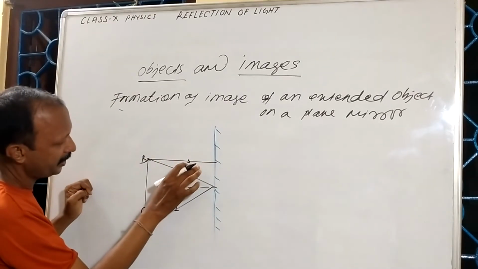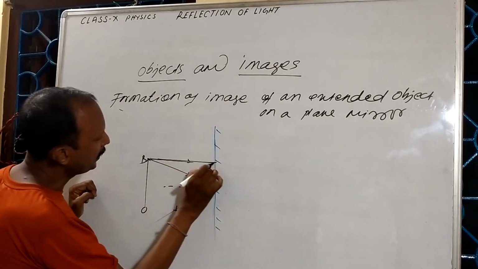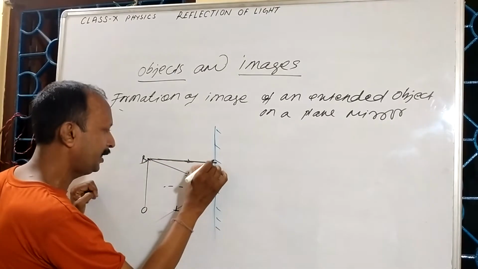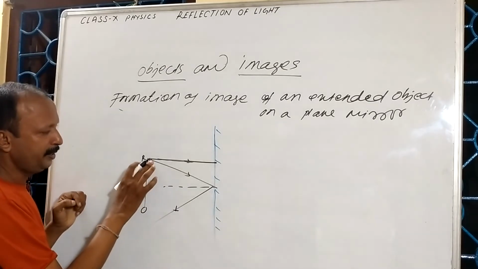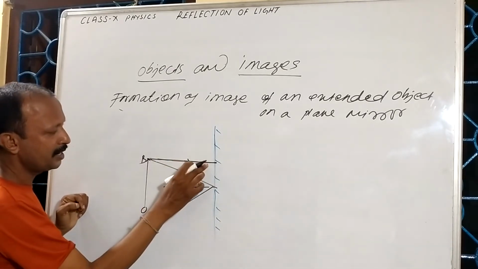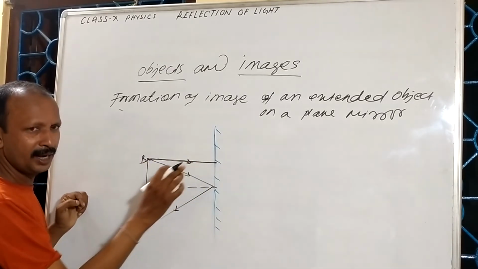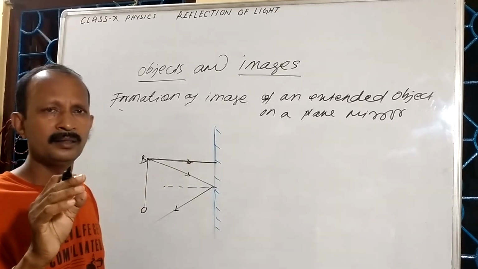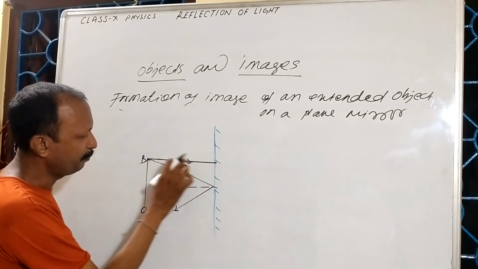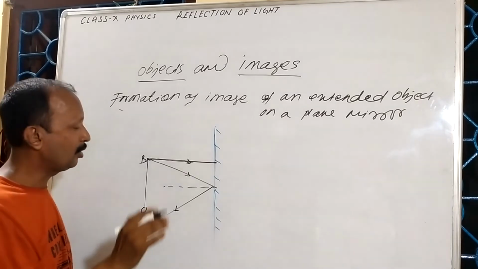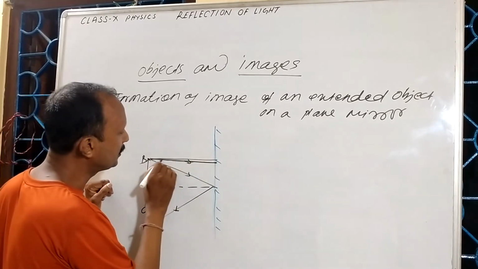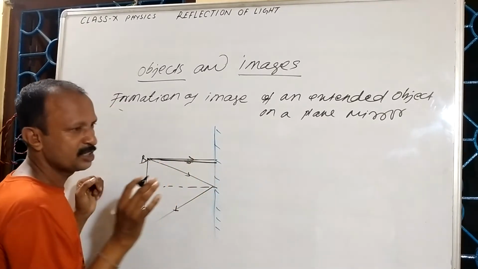But this incident ray is making 90 degrees with the plane mirror. That means here the incident ray and the normal both appear as one, because this ray is incident perpendicularly to the surface.